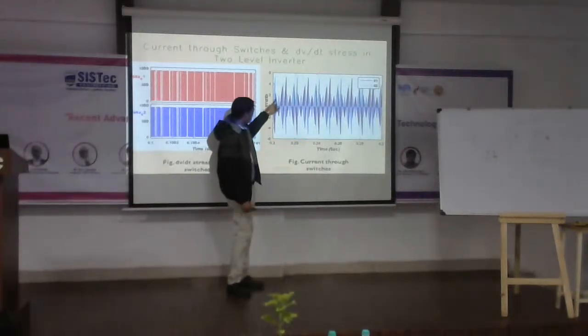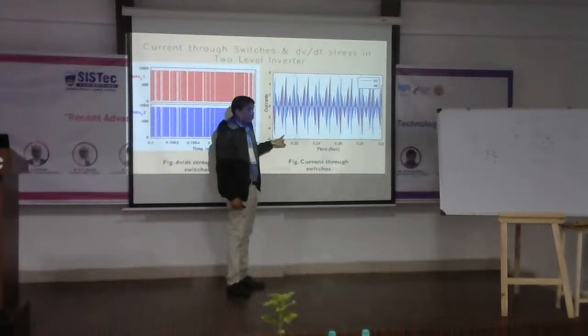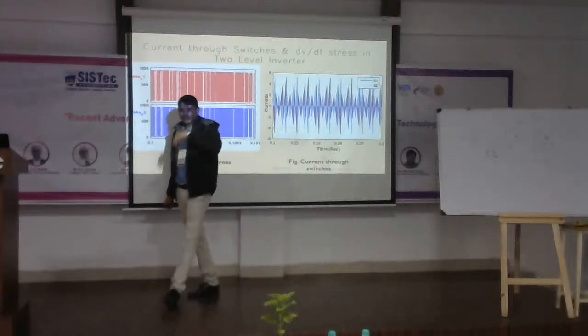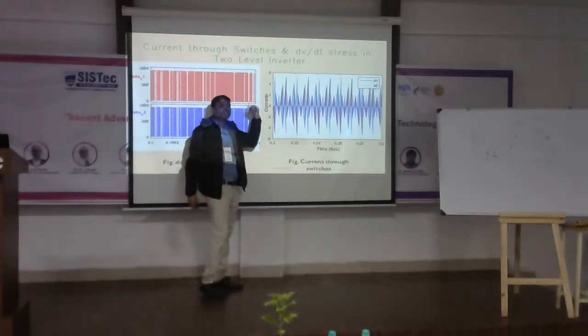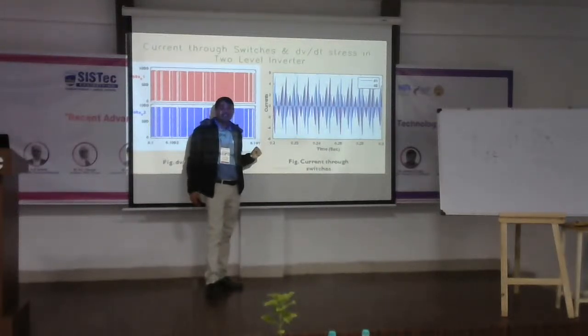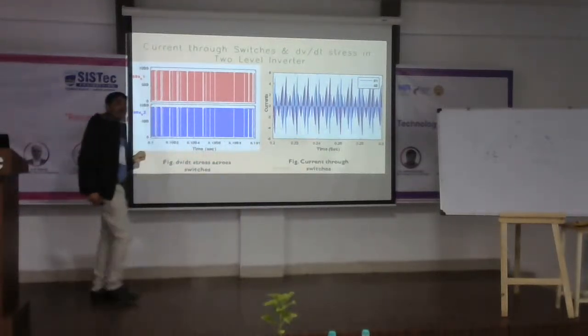Spikes are there. You can see like this. This is the purple one, and the blue one is just opposite. So this looks sinusoidal like this, but this is not actually sinusoidal. The pulse will be there. Okay. So this type of pulse will be created in the supply, isn't it? Just because of having harmonics.